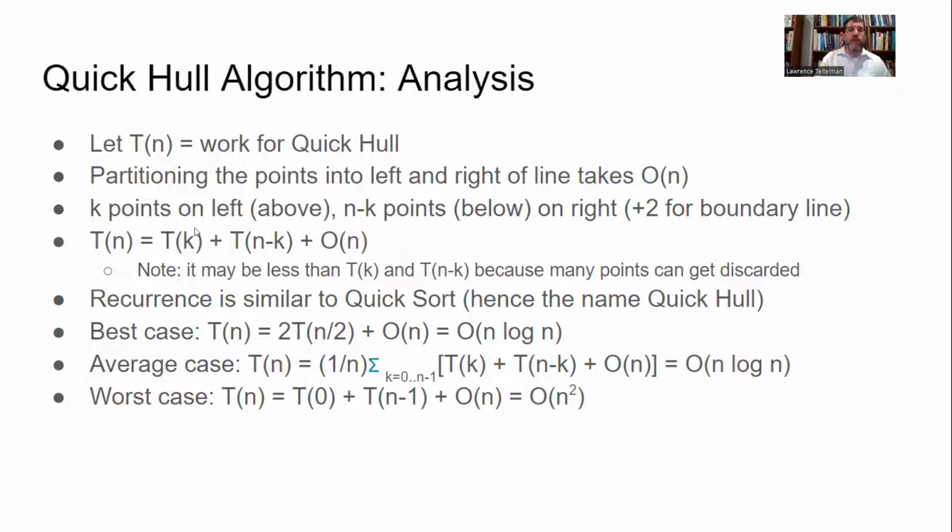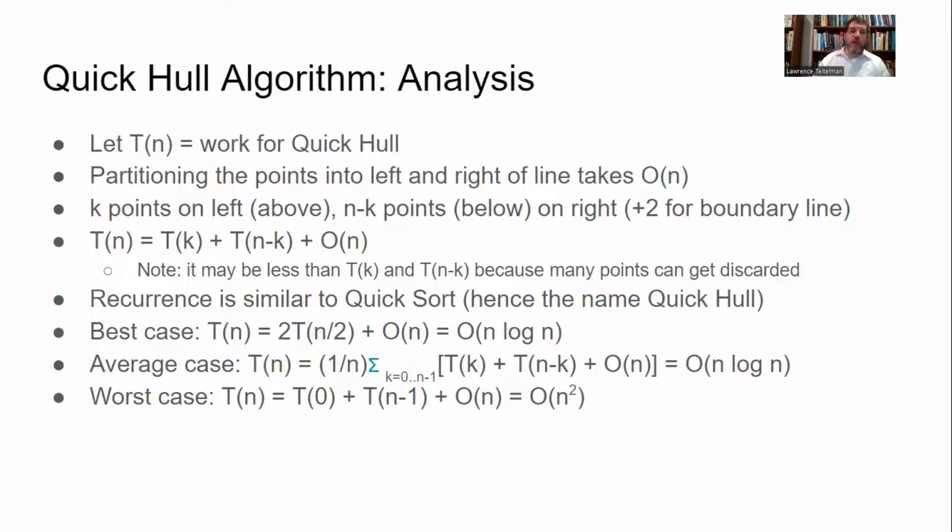So it's just like quicksort, right? We have k on one side, n minus k on the other side. And again, 2 points might get counted twice because you have to consider them on both sides. I have a note here, and it's an important note. It's saying that even though we're saying T of k and T of n minus k, in reality those numbers are going to be less because we don't use all the points.